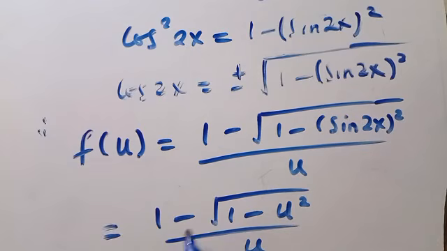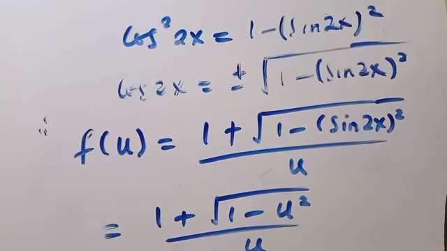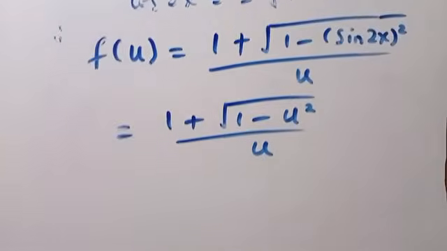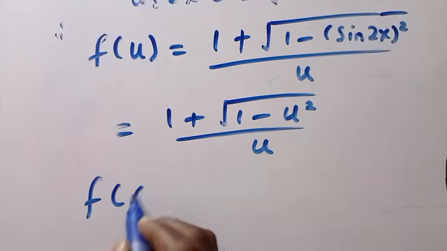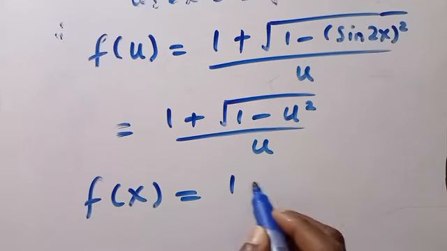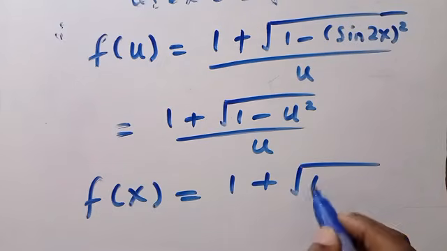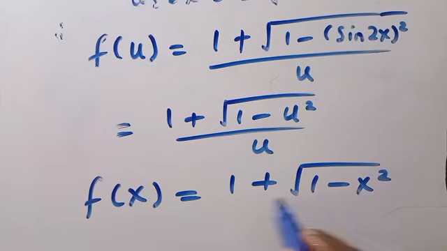We are considering the positive. After having this, we replace every single u with x, since we are interested in finding f of x. So here we have f of x equals 1 minus the square root of 1 minus x squared, divided by x.